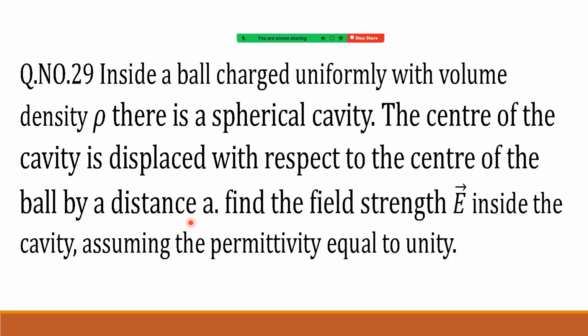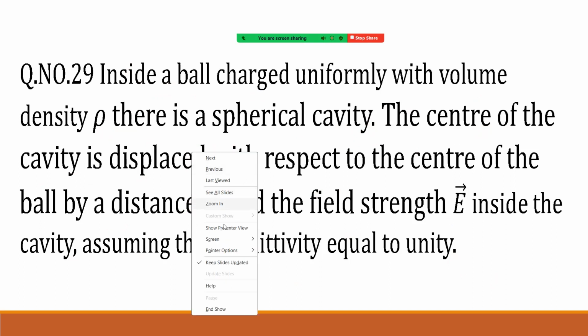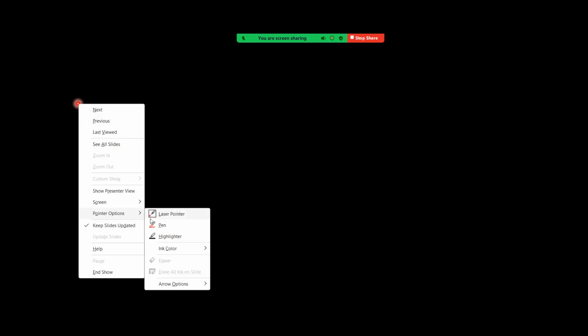So how to use the result we have derived? The field strength inside we got is E equal to rho by 3 epsilon naught into r bar, in vector form, right? We are going to use this result in this problem.